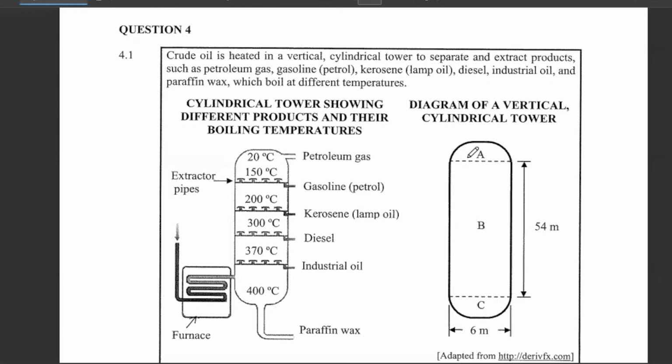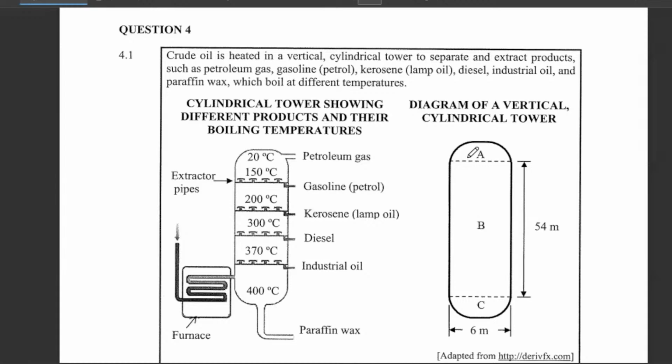Question number 4 says, crude oil is heated in a vertical cylindrical tower to separate the extract products such as petroleum gas, gasoline, which is petrol, kerosene, which is a lamp oil, diesel, industrial oil, and paraffin wax, which boil at different temperatures.